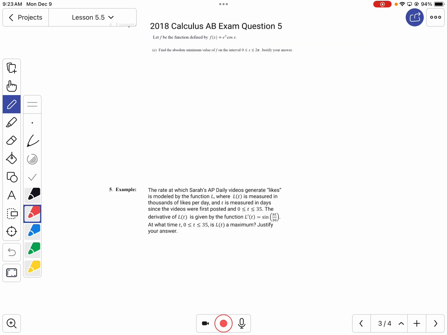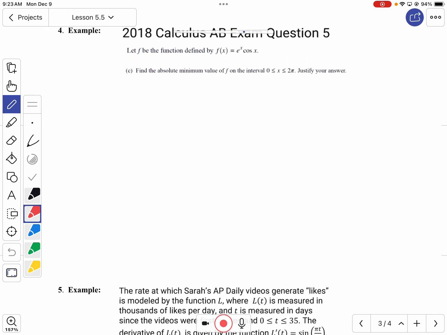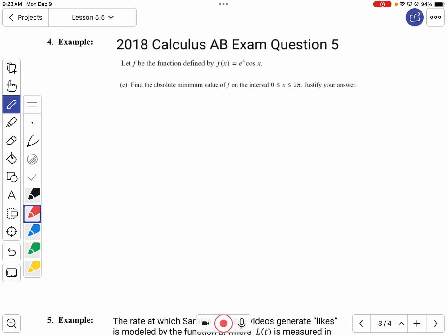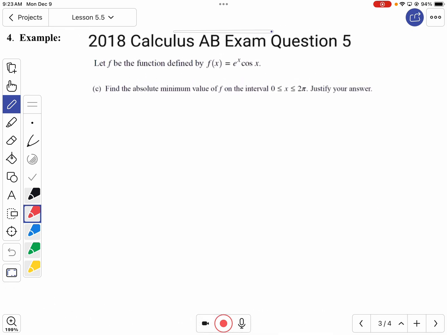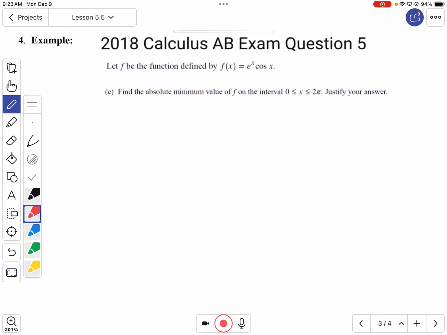All right, so here's one from the 2018 AP exam, question 5. Let f be the function defined by f of x equals e to the x cosine x. Find the absolute minimum value of f on the interval from 0 to 2 pi and justify your answer.